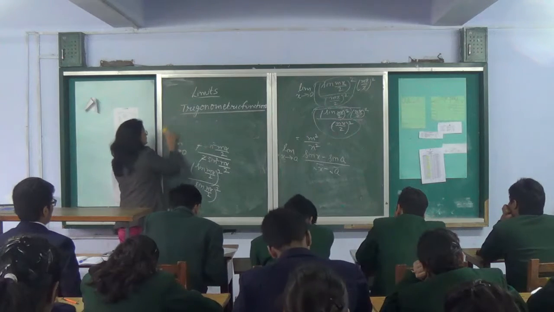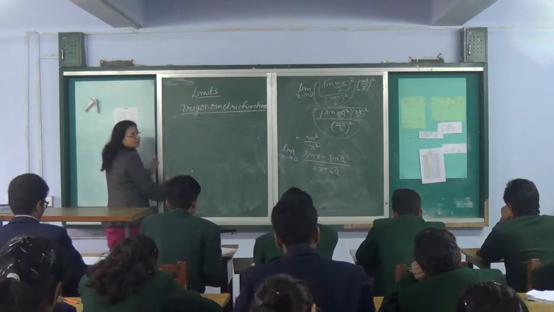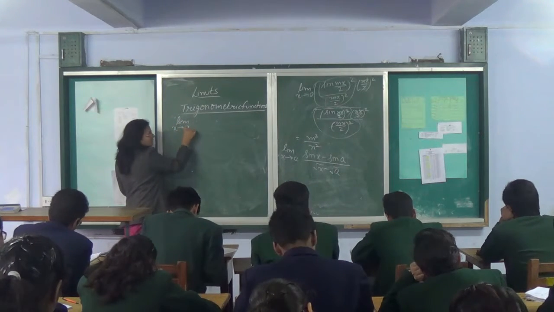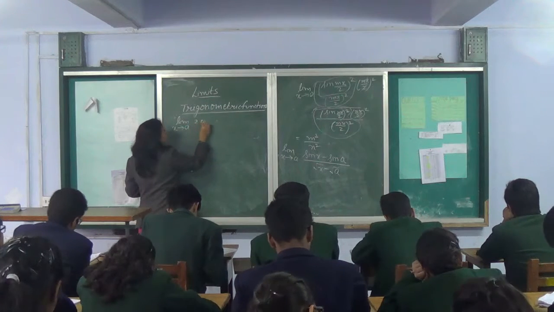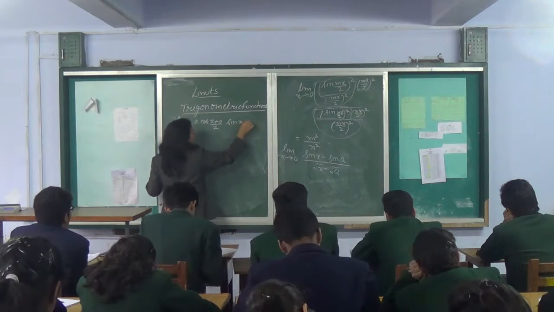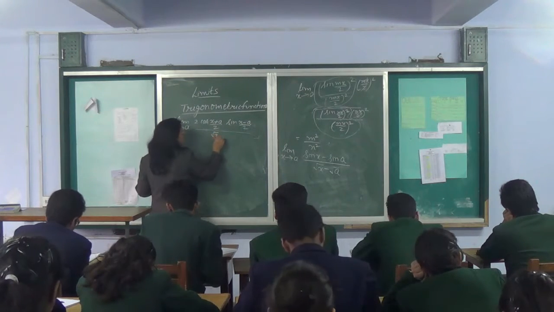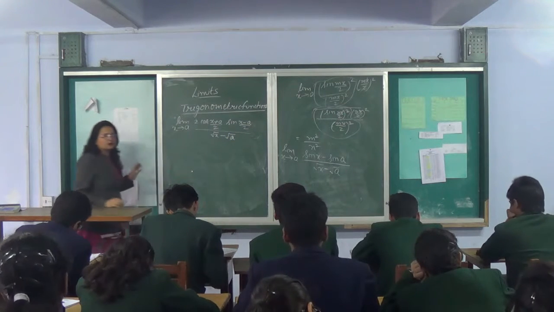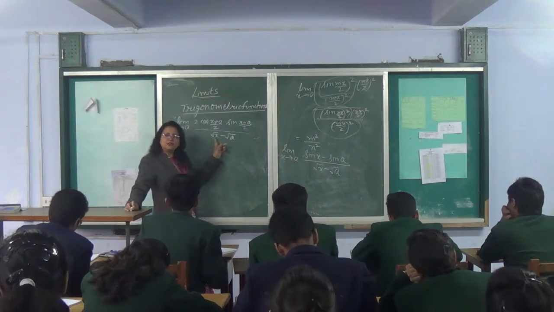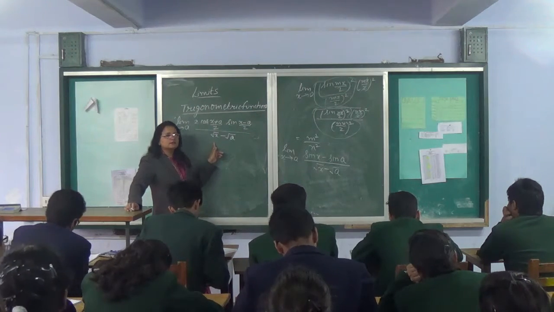Now still we have the indeterminate form because this is giving us 0 and here again this is giving us 0.